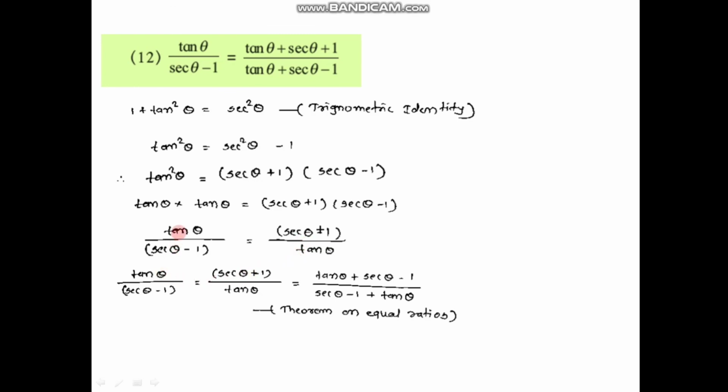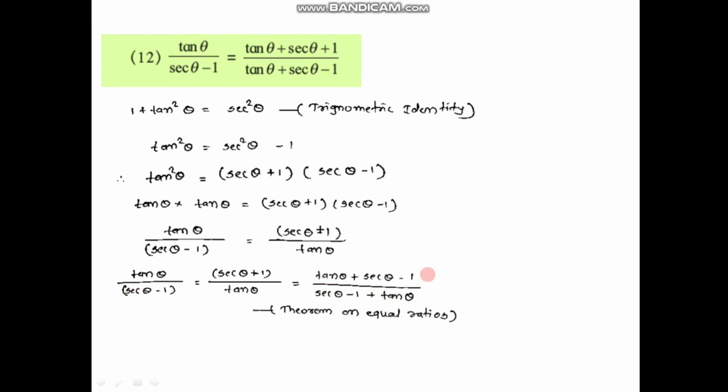That is, this is the first ratio, this is the second ratio, and in the third one we have added the first terms, that is the terms in the numerators, that is tan theta plus sec theta plus 1. So that is written in the numerator, and in the denominator we have added the second terms, that is the denominators, sec theta minus 1 plus tan theta.